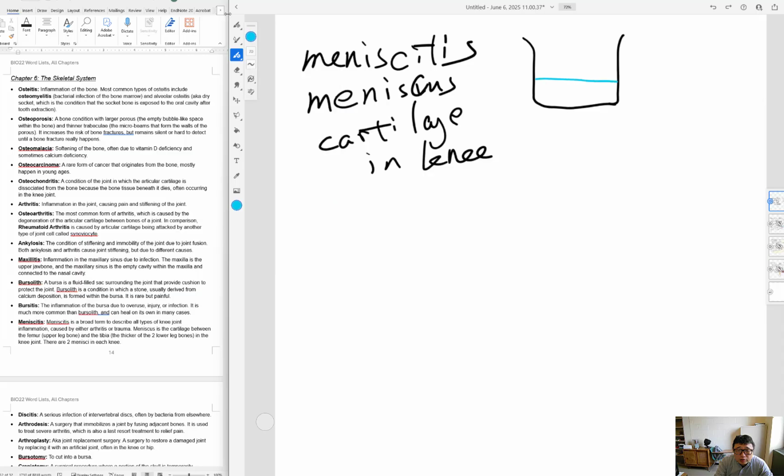Does the water stay flat? Very unlikely. The edge of the water will climb up the cup. This is called a meniscus. Why? Because water molecules can form hydrogen bonds with the wall of the cup. That's why it's lining up. And why do we call this cartilage a meniscus?